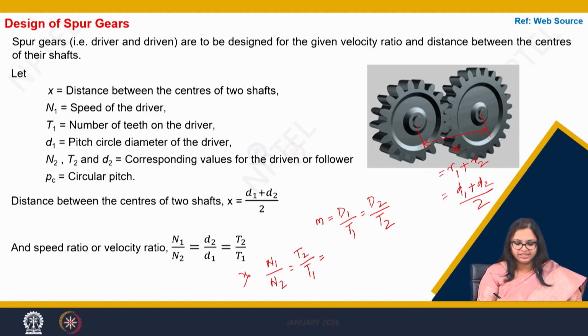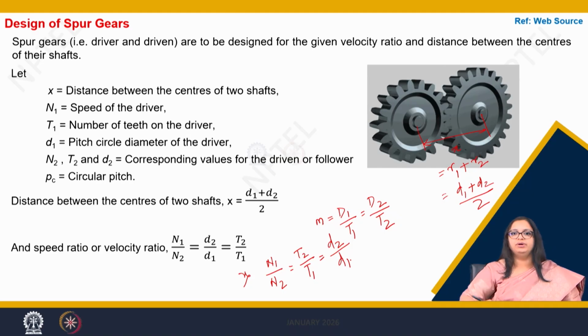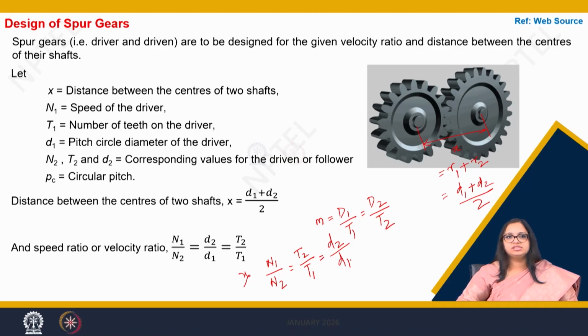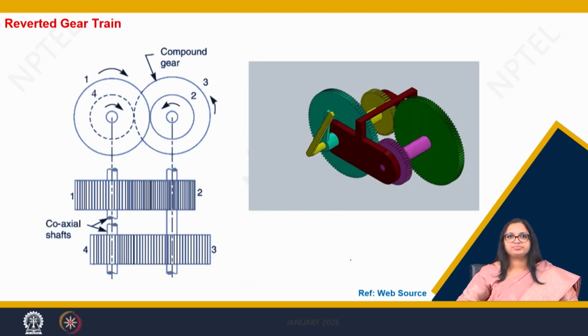So there directly we can write it as D2 by D1. This gives us a relation of speed ratio not only with respect to the number of teeth but also with respect to the diameters of these gears.